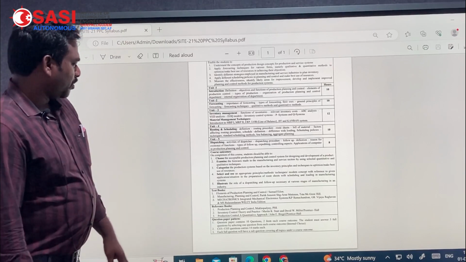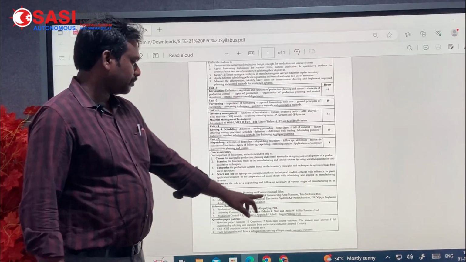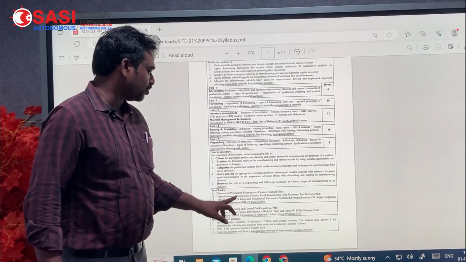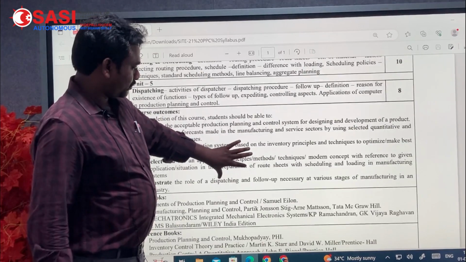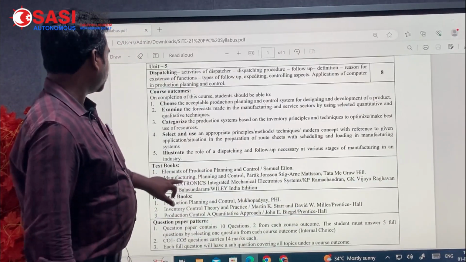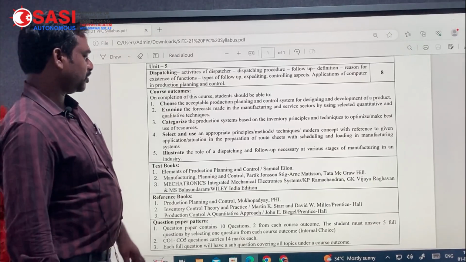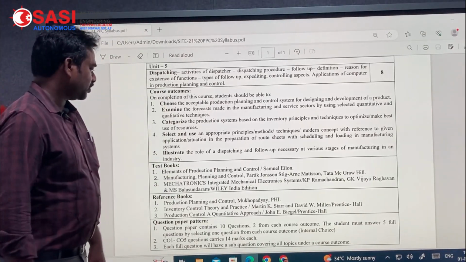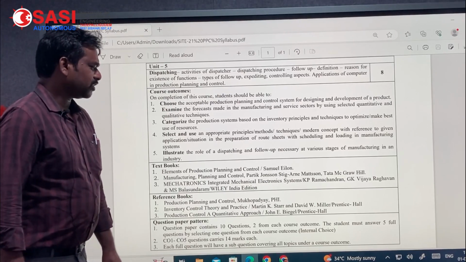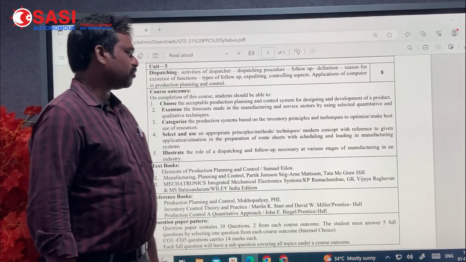Coming to the textbooks, there is a textbook, Elements of Production Planning and Control by Samuel Eilon, and second, Manufacturing Planning and Control by Johnson, from Tata McGraw-Hill publishers, and some integrated systems we can see in Mechatronics, integrated mechanical electronic systems, written by Ramachandran.